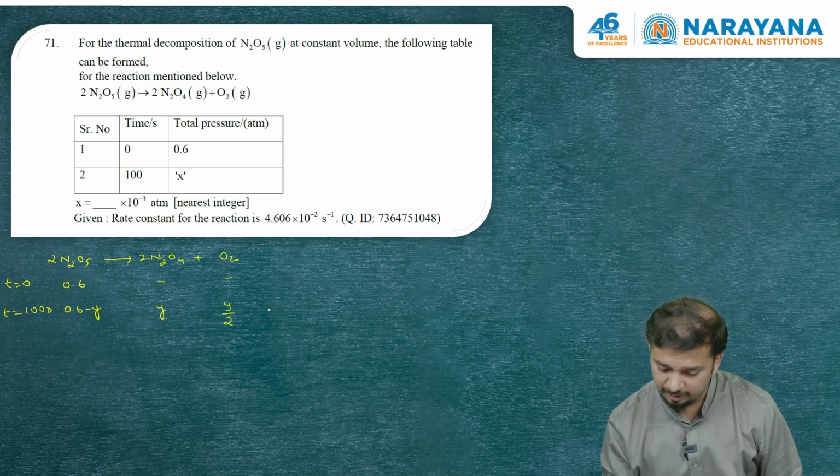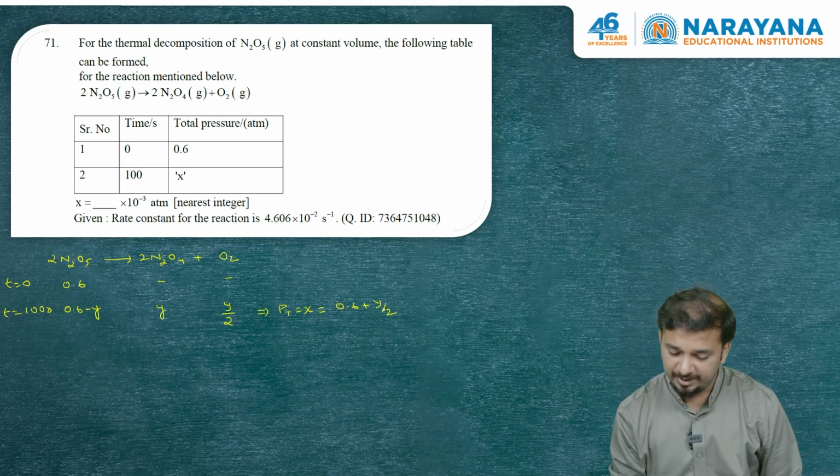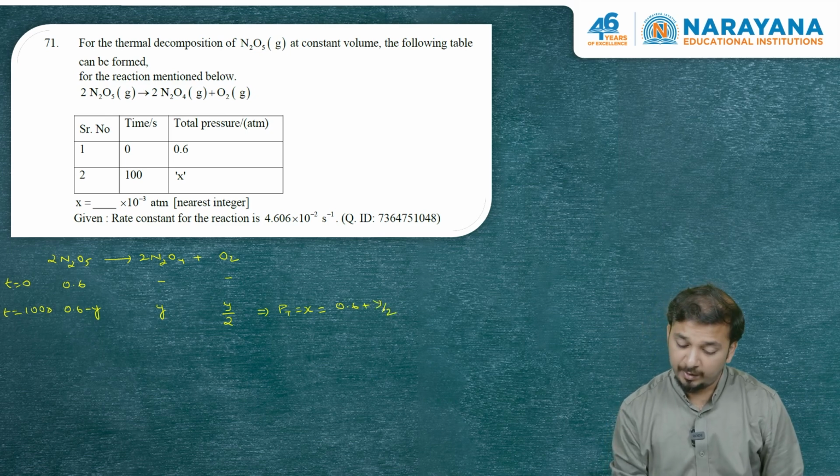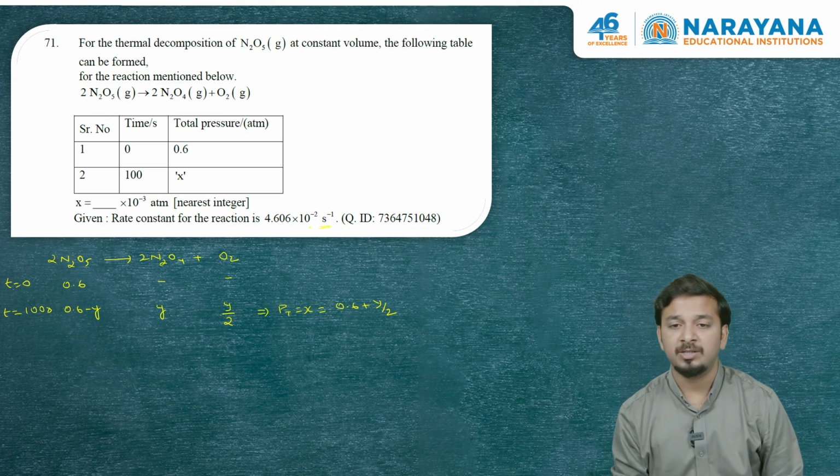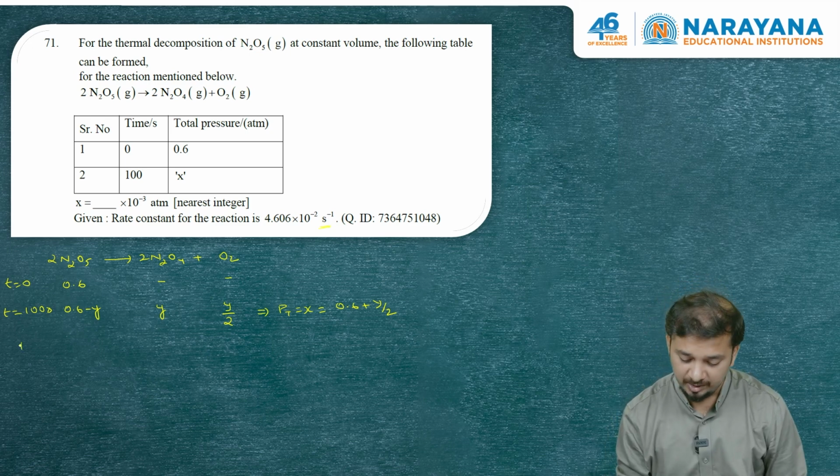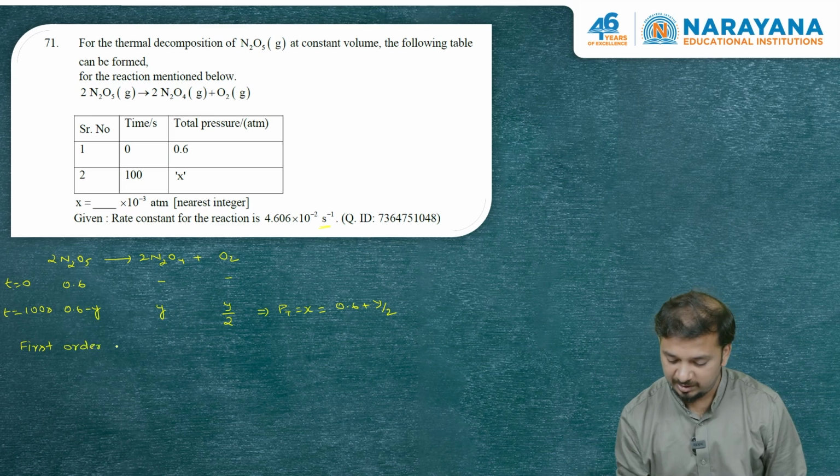So total pressure they are saying it is X. So total pressure over here, which is X, will be equal to 0.6 plus Y by 2. We have to find X, and it's given that rate constant of the reaction is 4.606 into 10 raised to the power minus 2 second inverse. Second inverse means it is following first order kinetics.